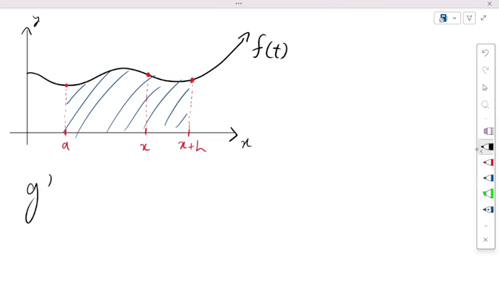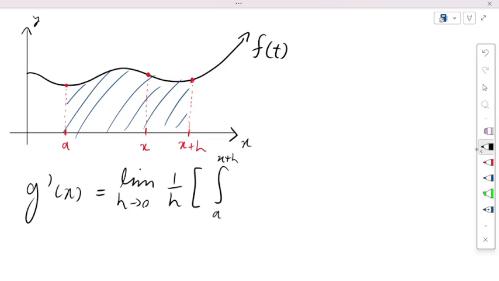We can say that g prime of x is equal to the limit as h approaches 0 of 1 over h multiplied by the integral from a until x plus h of f of t with respect to t.